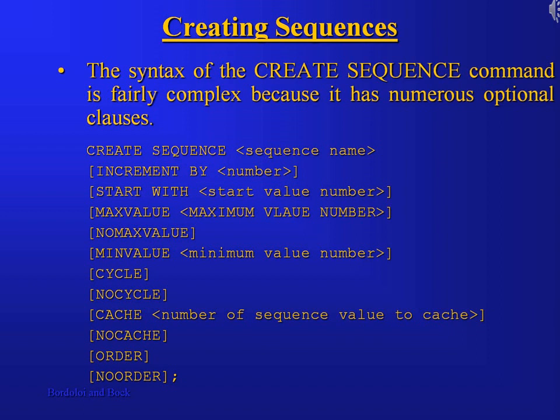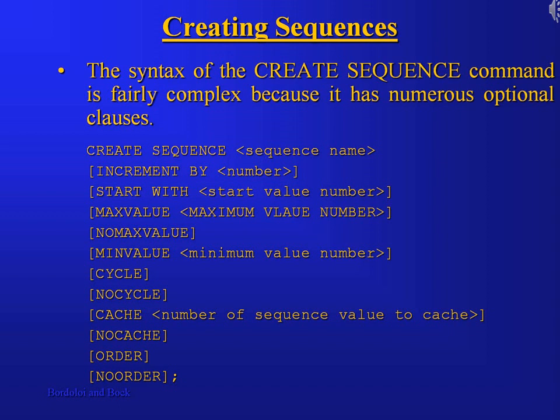We can access the values in an SQL statement using the current value clause. Once a sequence is created, it is used to return the current value of the sequence.